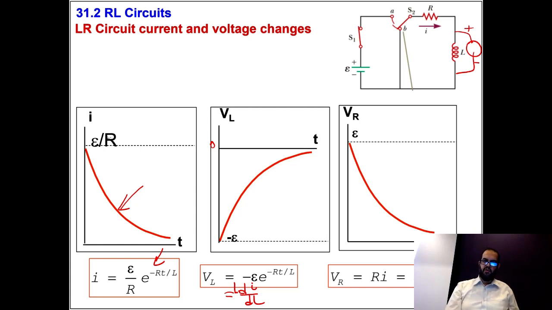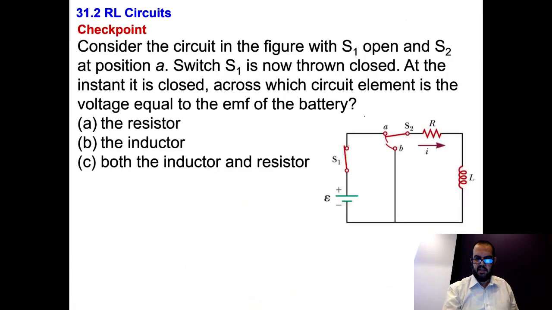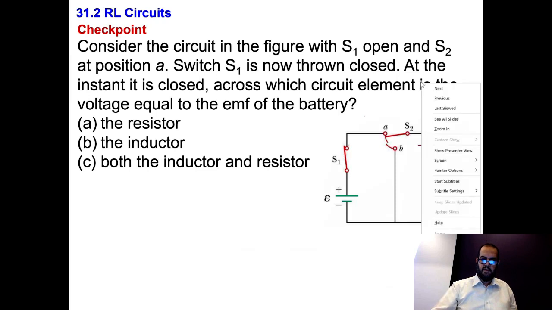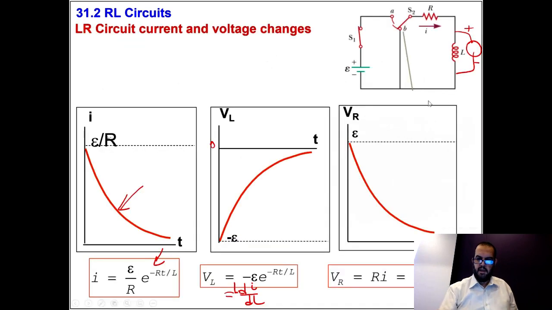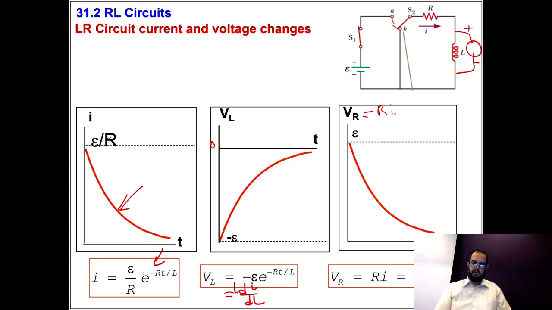The voltage through the resistor is just equal to Ri. If you multiply the current times R, you get the battery voltage, the EMF, epsilon exponential of minus Rt over L. So very similar to what we had before with discharging of a capacitor.